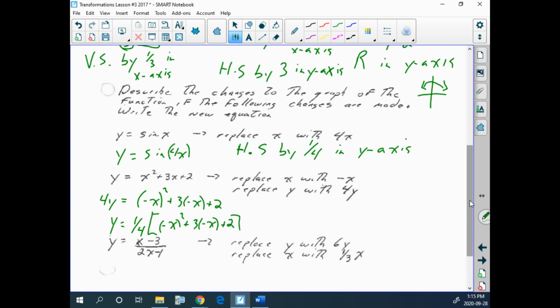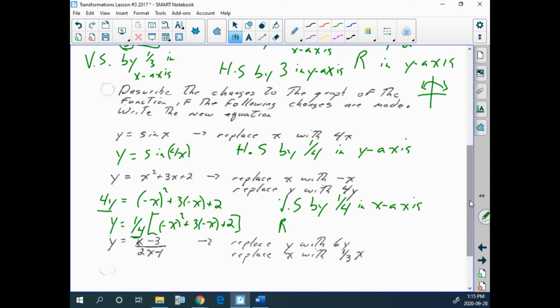But it's going to get the same answer in any case. You replaced y with 4y. Vertical stretch by 1/4. Again, next to the variable, take the reciprocal of that number. And you can see what happens when we divide it by 4, we end up with the 1/4 in front.